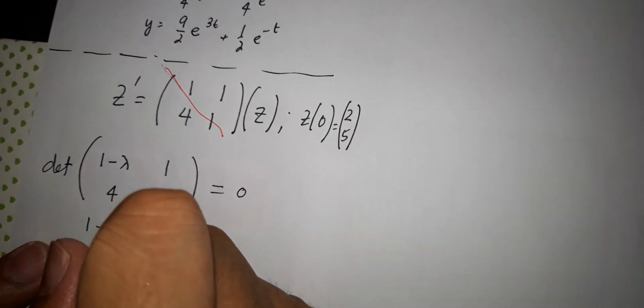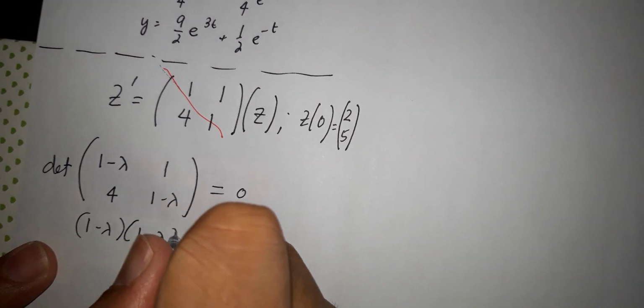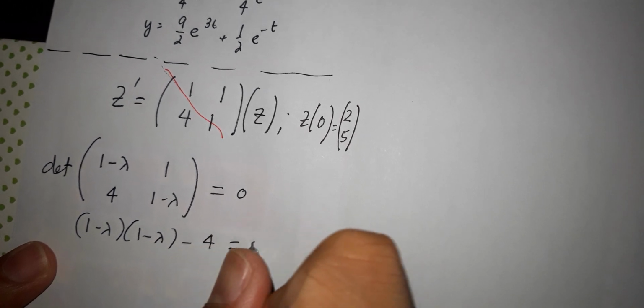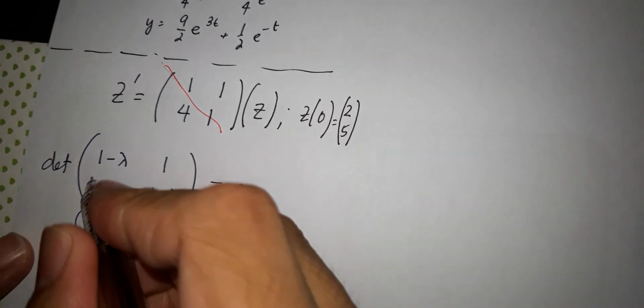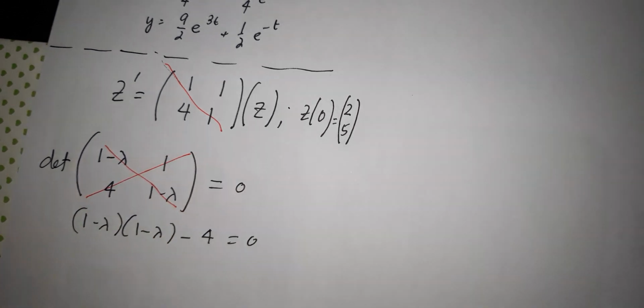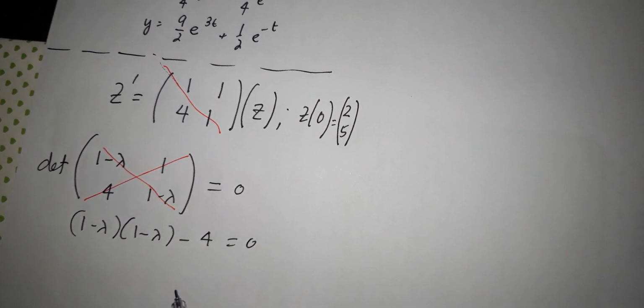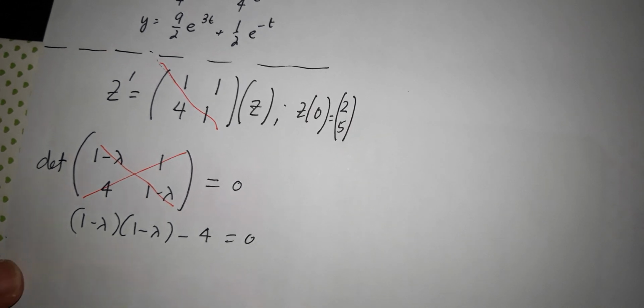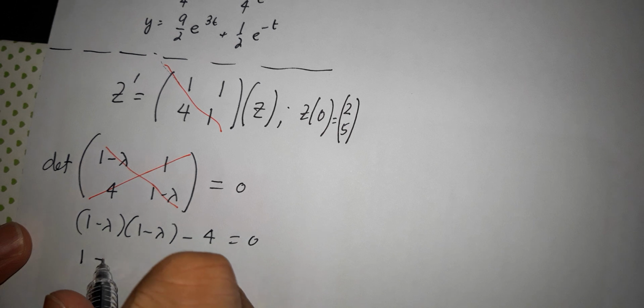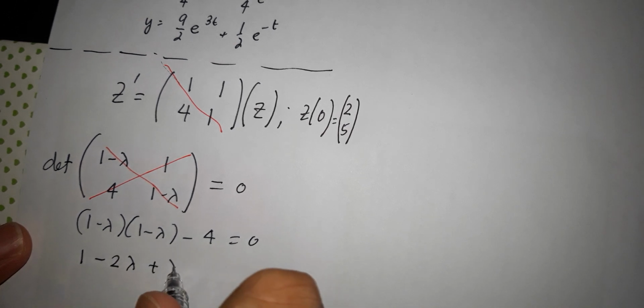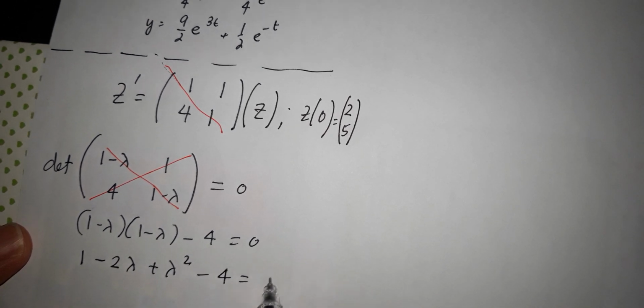That gives you 1 minus lambda multiplied by 1 minus lambda minus 4 is equal to 0. Again, taking its determinant, multiply this minus multiply that. That's 1 minus lambda times 1 minus lambda minus 4 times 1 is equal to 0. So this is 1 minus 2 lambda plus lambda squared minus 4 is equal to 0.